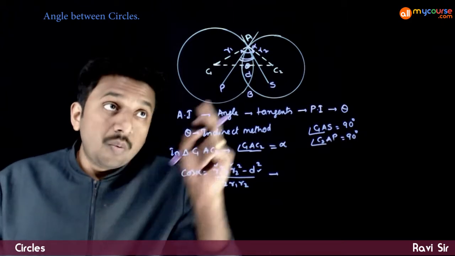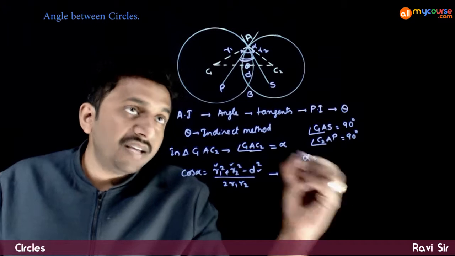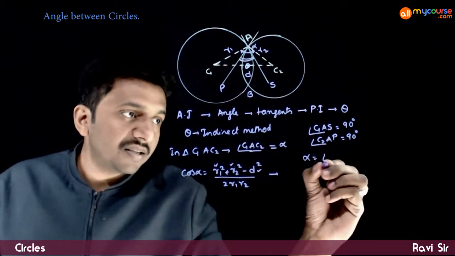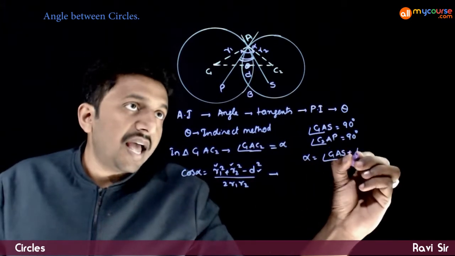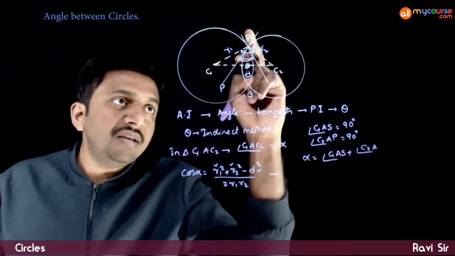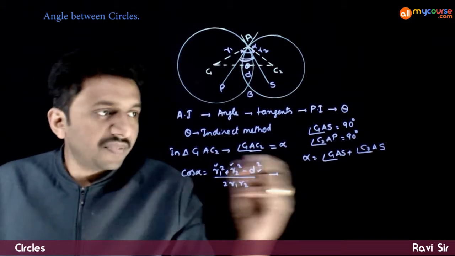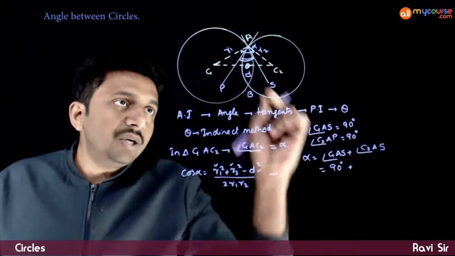Now, what is the angle alpha? The angle alpha is equal to angle C1AS plus angle C2AS. That is equal to 90 degrees plus angle C2AS.